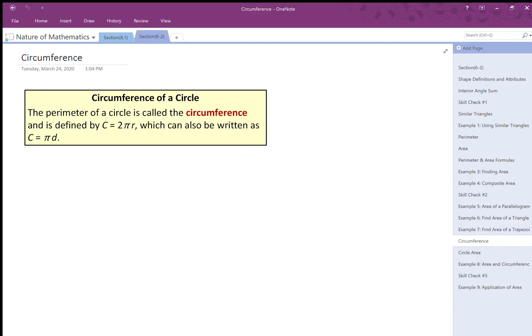Circumference of a circle. So the perimeter of a circle is called circumference because it's not a straight edge. We have a different word for it. And the circumference is defined as 2 times pi times the radius, or the diameter times pi. Circumference equals 2 pi r, or since diameter is equal to 2r, we can say circumference equals pi times d.